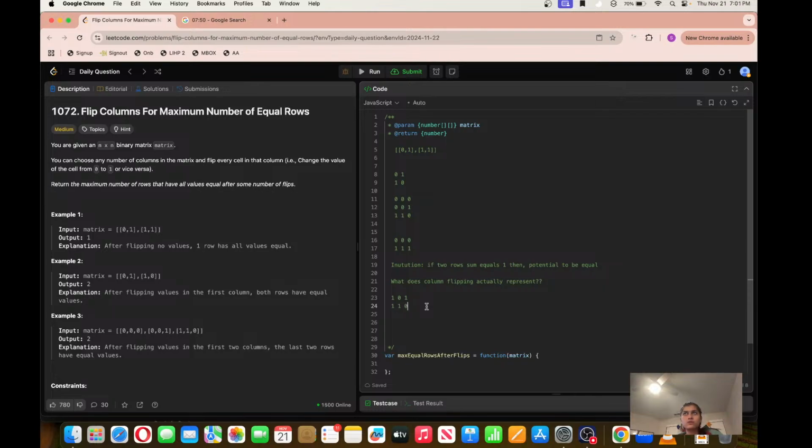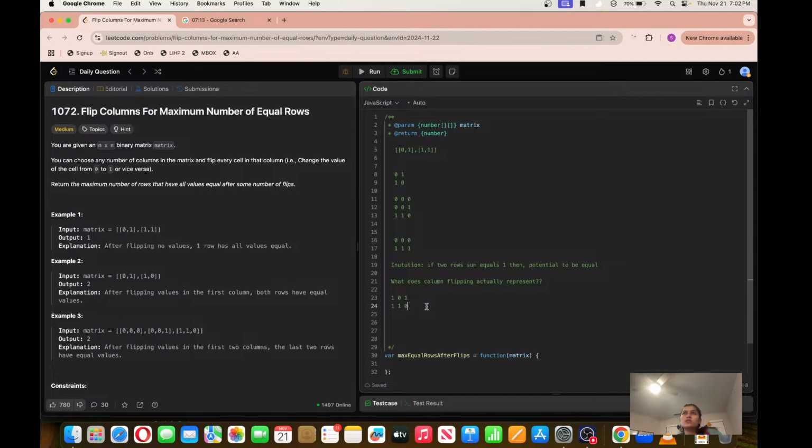So if in this column there is 1 and 0 and it flipped to 0 and 1, then here also it should be 0 and 1. But if it is 1 and 0, then I can flip again. 0 and 1, I can flip again. I just feel like there is one thing that I'm not getting.